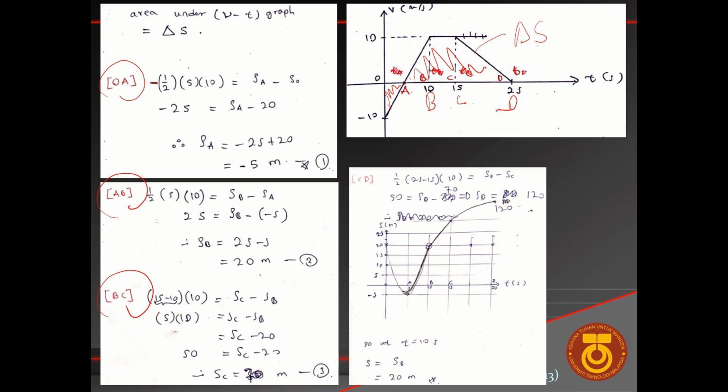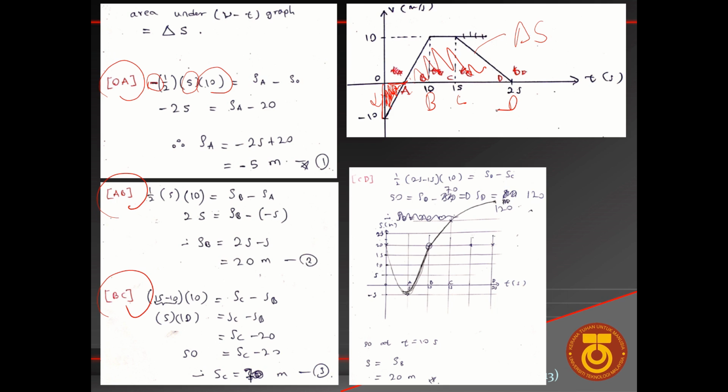Okay, for OA, we have the area under the graph, half times this length, which is 5 times 10, and I'm putting directly the negative because this area under the graph is the negative part.